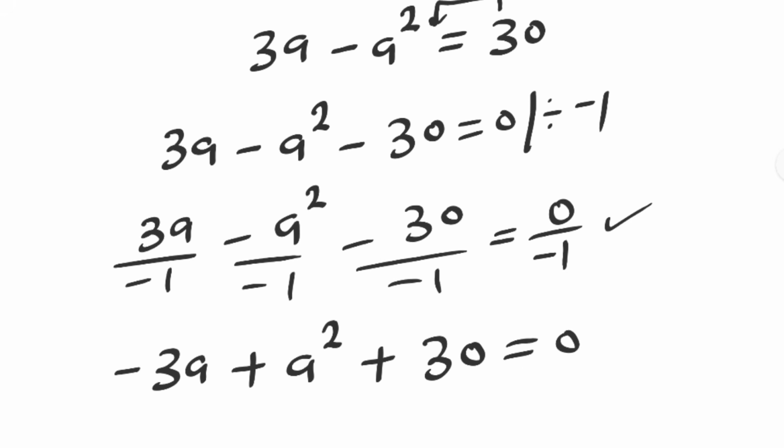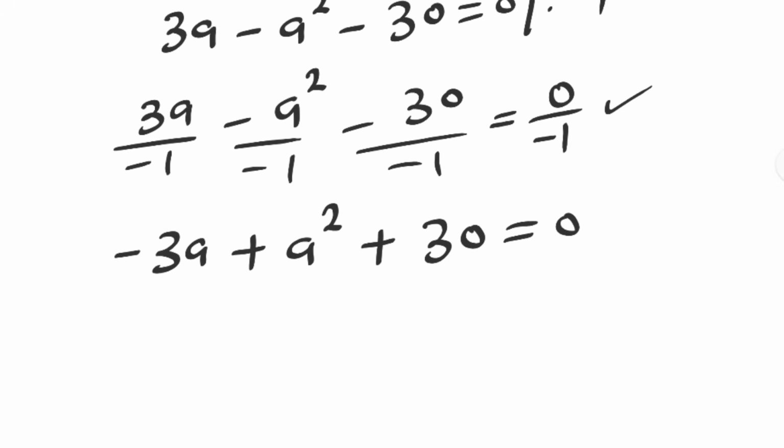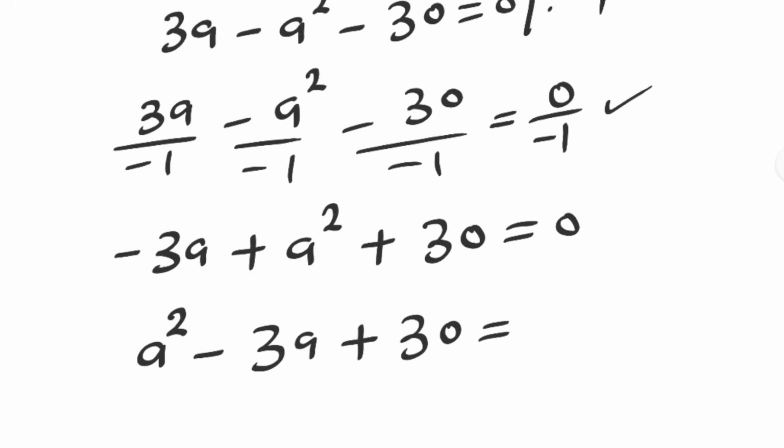Let us put this in standard form. This is a square minus 3a plus 30 is equal to 0. This is a quadratic equation which can be solved using the quadratic general formula.